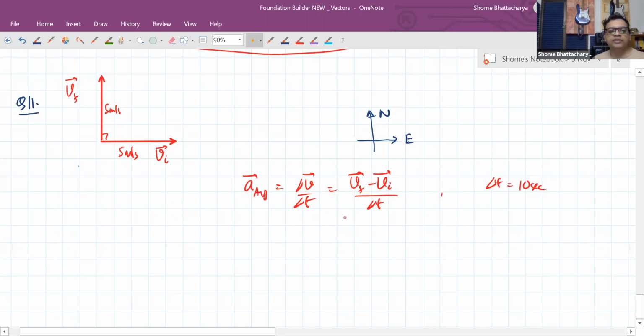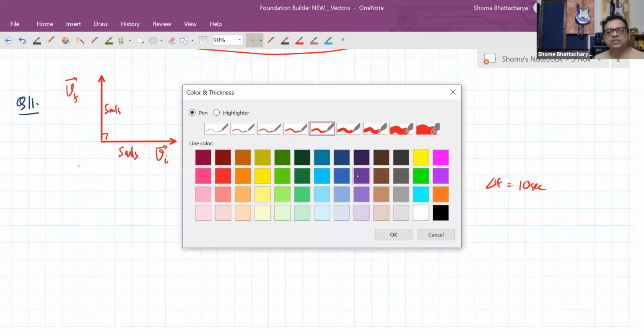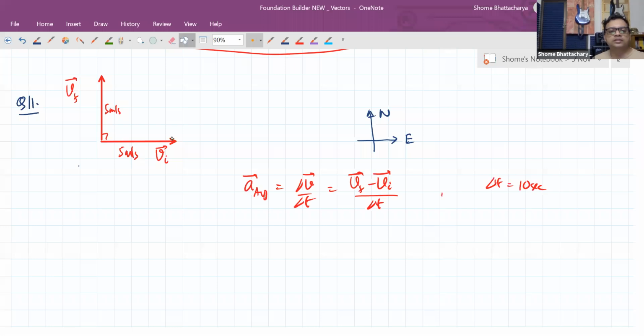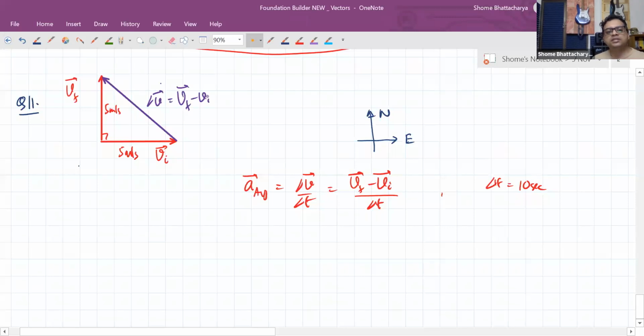Okay. So how we'll find this difference? We'll just use vector algebra. So you can see in this diagram, the difference of these two vectors is this. This vector here is delta v, or final minus initial.